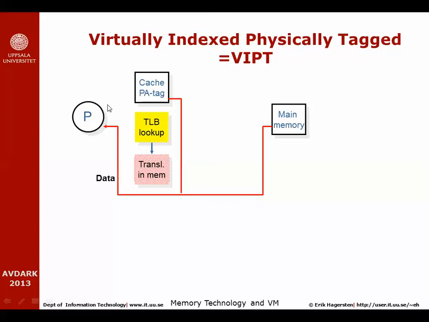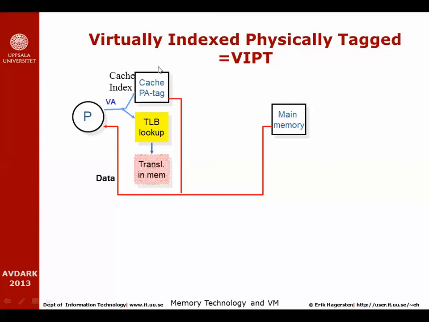What you have here is a slightly different design than the previous two designs we have seen. Here, instead of putting the TLB before or after the cache, we put it in parallel with the cache. So here we have a cache, and this cache has physical address tags. The processor will produce a virtual address, and we will use some of the bits of this virtual address to index into the cache.